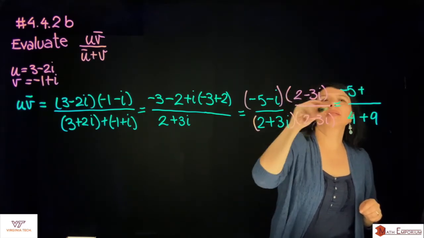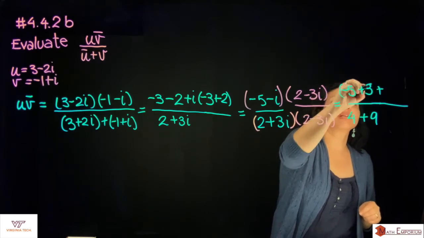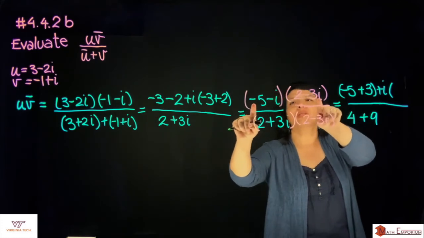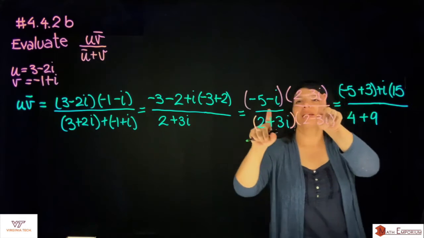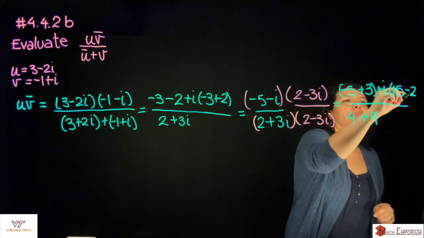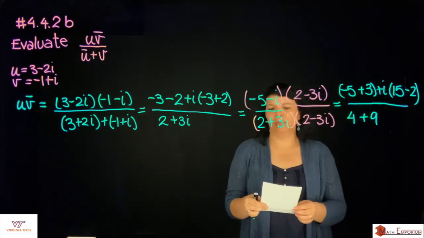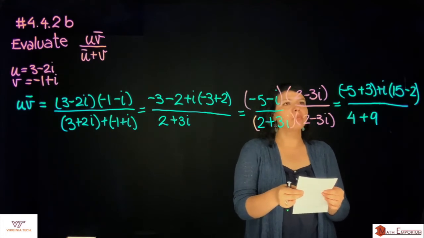and then again we're going to have, this is the real part and the imaginary part is going to be this with this, so positive 15, and then this and this, which is negative 2. Let me just check that everything is minus 3.